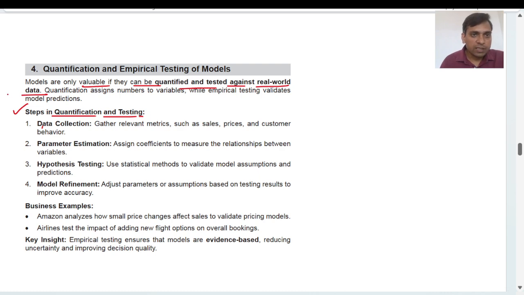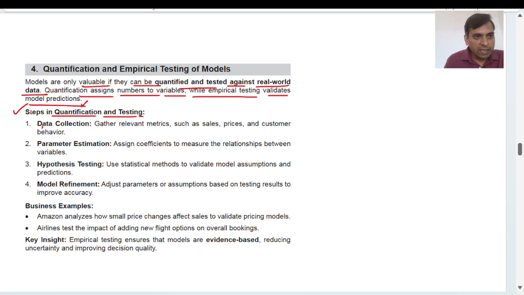If our model is satisfied with real world data, then we can implement this model anywhere. Now, quantification assigns numbers to variables while empirical testing validates model predictions. So for model predictions, we need to convert our data into quantitative variables, and then we can test these models. We can validate for prediction also.